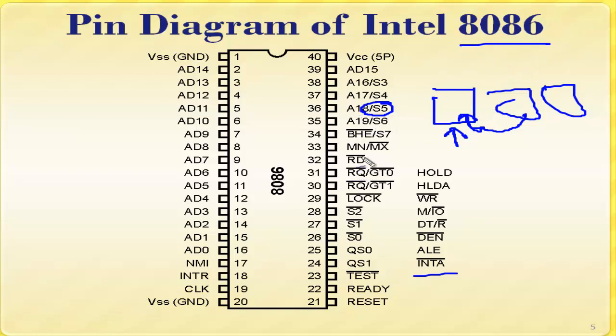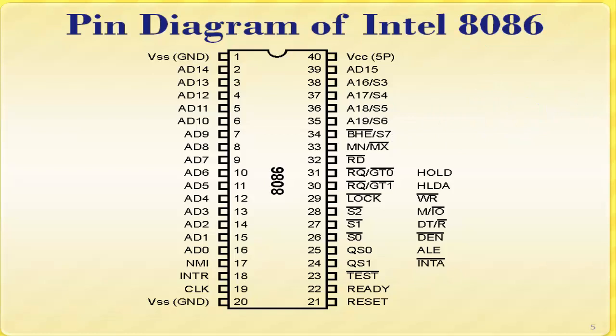But in minimum mode, we have only a single processor working. In that case we may also have interrupts, for example, here we have interrupts and non-maskable interrupts. We'll talk about them shortly.